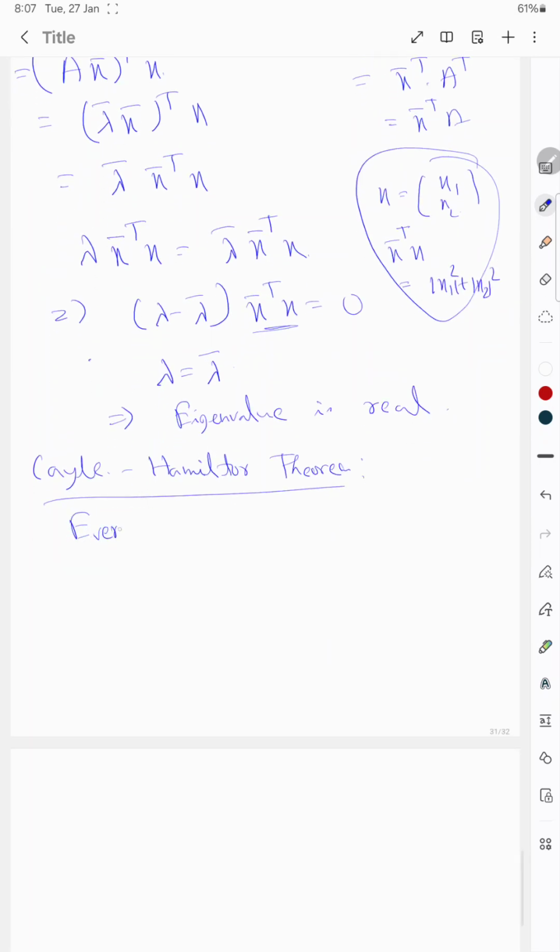So this is saying that every square matrix satisfies its own characteristic equation.